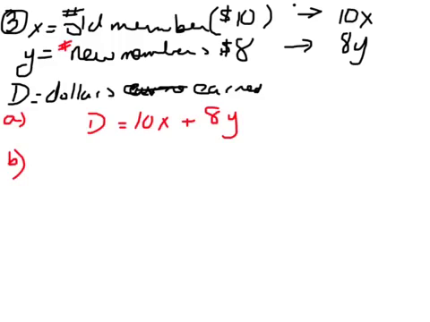We called X the number of old members, but we know it's not negative. It could be 0, but it's not negative. So X is greater than or equal to 0. And the number of new members is non-negative too, so there could be no new members show up, but you can't have negative people show up to clean a park. So Y is greater than or equal to 0.